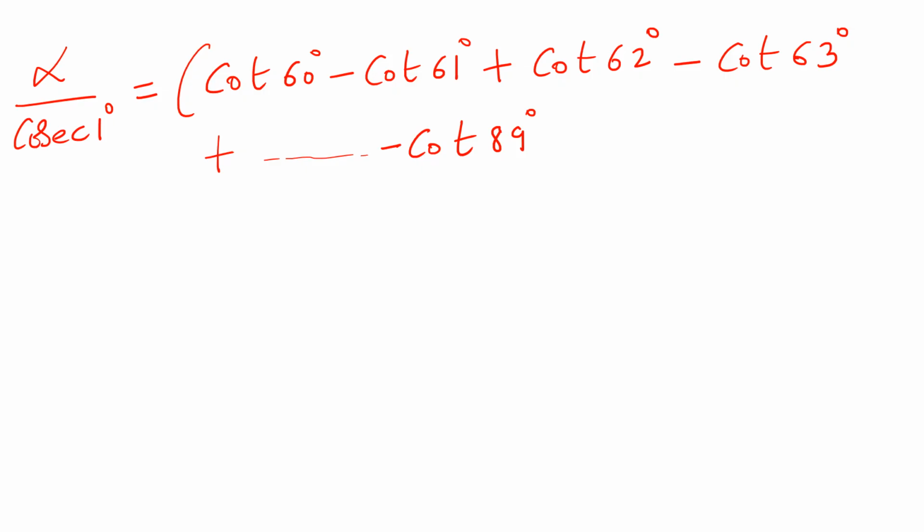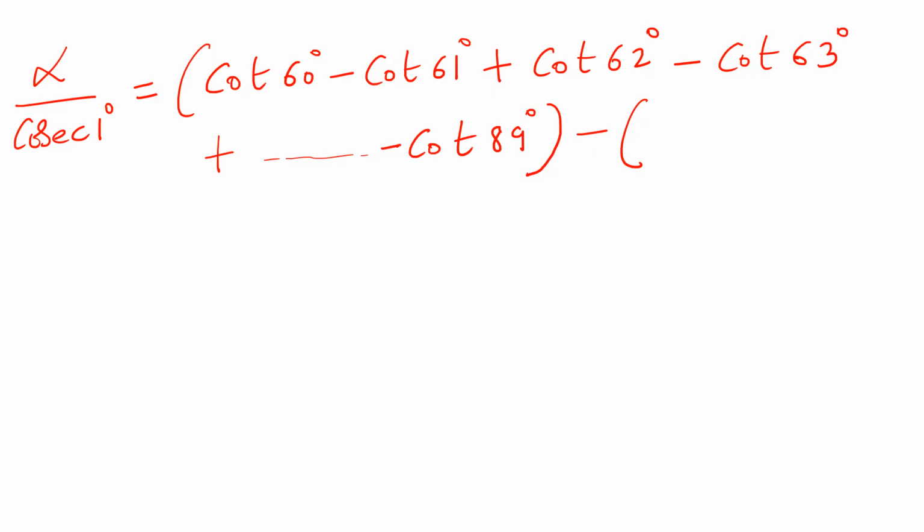Now students, cot 90 degree is 0. So there is no need to write it. Now minus, inside the bracket in the second group, we have cot 91 degree.